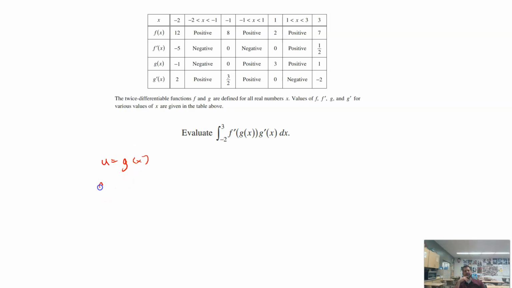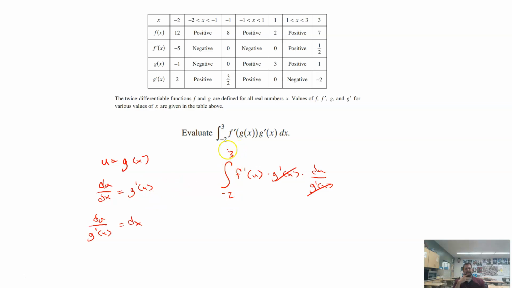So I'm going to let u equal g of x, which means du/dx is equal to g prime of x, which means du over g prime of x is equal to dx. So I've got the integral from -2 to 3, and we're not done with that yet, but I've got f prime of u times g prime of x multiplied by du over g prime of x, which helps us a lot because we wanted those to cancel out.